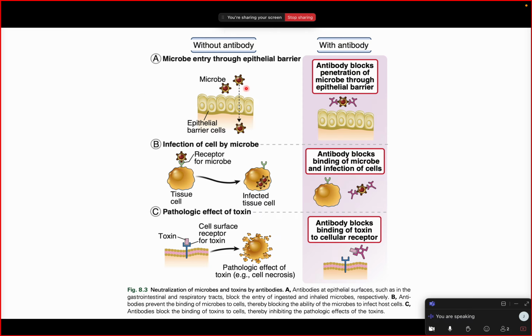So this is the A panel. If there is no antibody and this is our epithelial cell, this is the barrier, the microbe can enter very well inside that, right? But now imagine we have antibodies, and specifically which type of antibody?